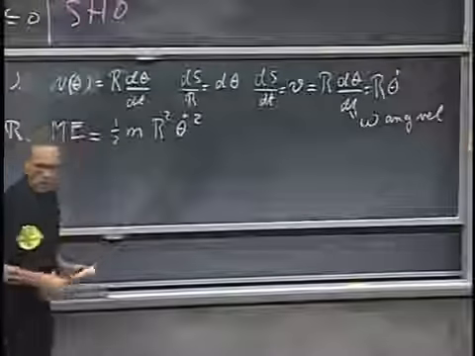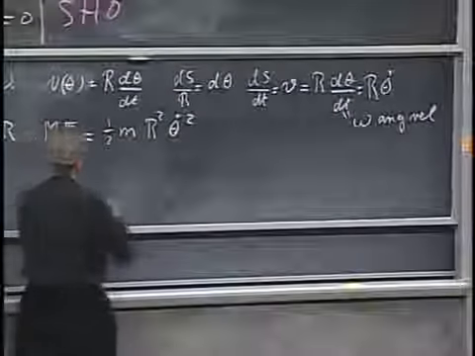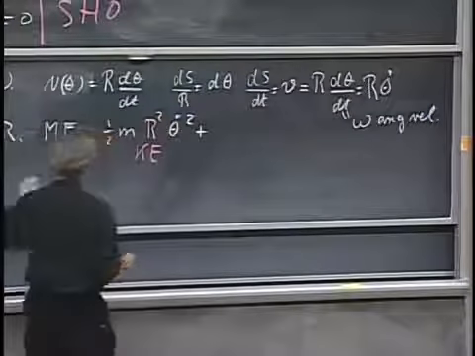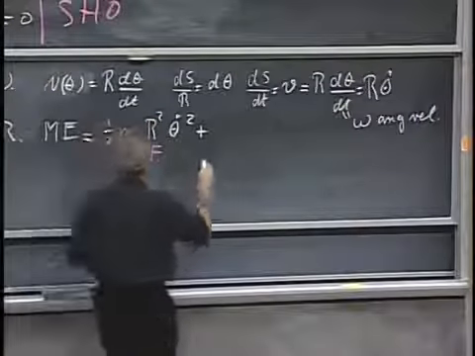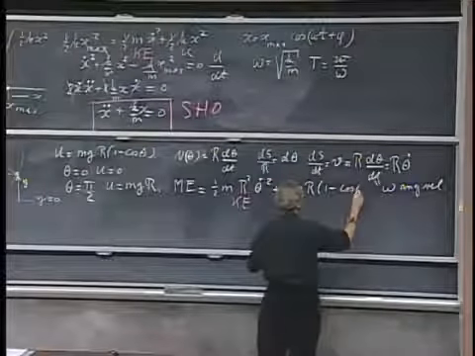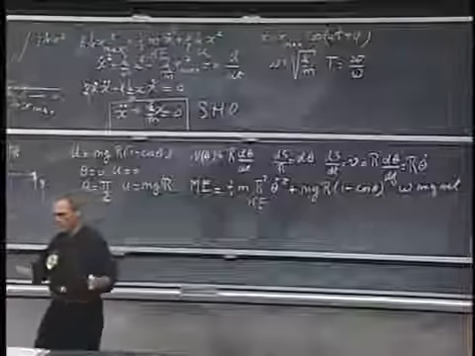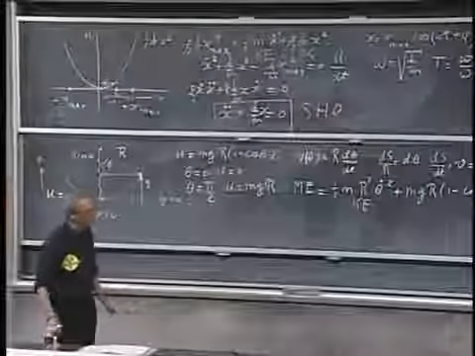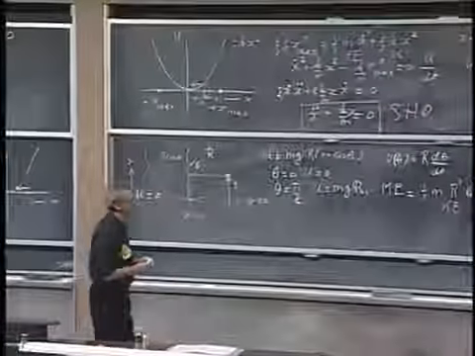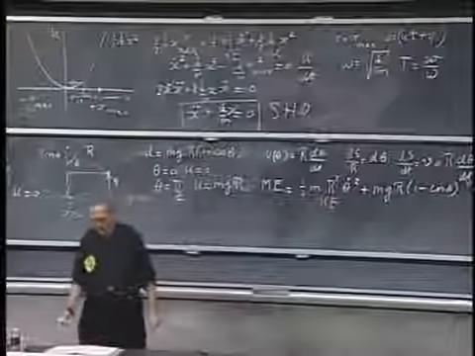This is simply the kinetic energy, plus the potential energy, which is mg times r times (1 minus cosine theta). And this is always the same, independent of the angle theta, because gravity is a conservative force. So this is the conservation of mechanical energy.